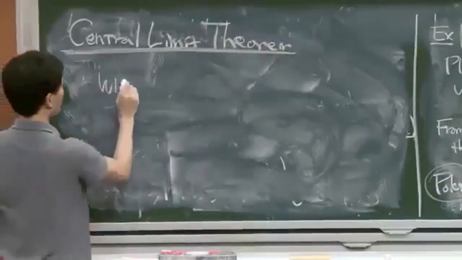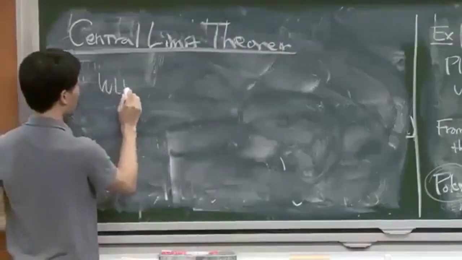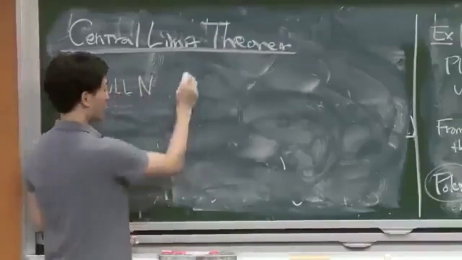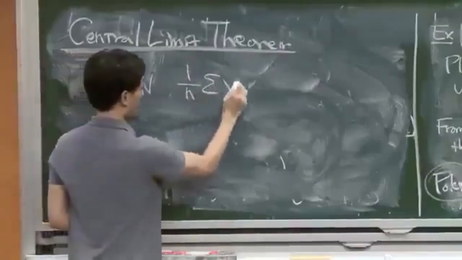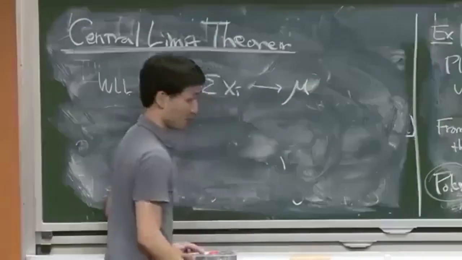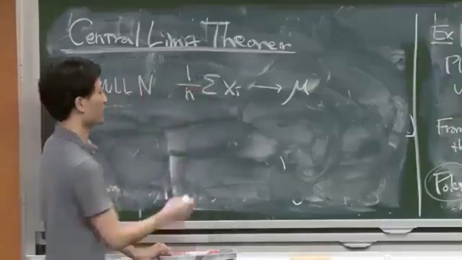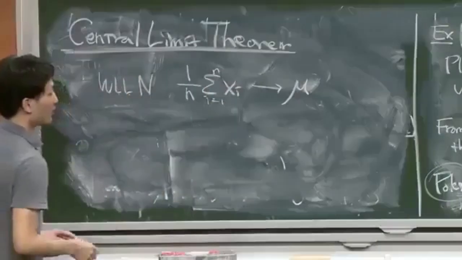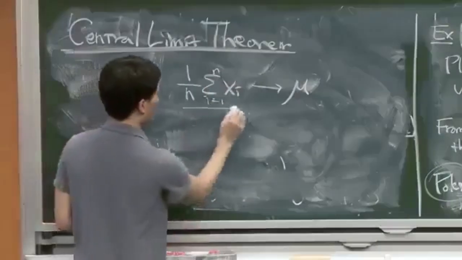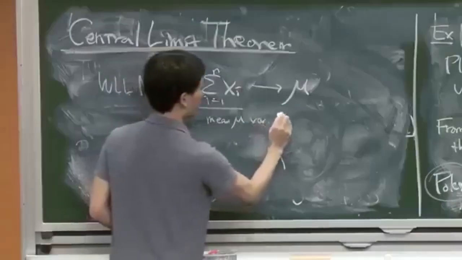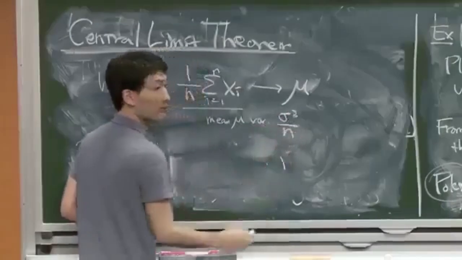So weak law of large numbers said that if you have IID random variables, 1 over n times the sum over xi's converges to mu, the mean, in some weak sense. And the reason it happened was because this had mean mu and variance sigma square over n.